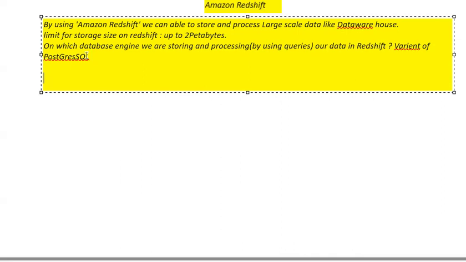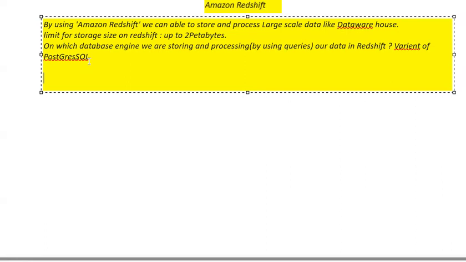Then you tick only the variant of PostgreSQL, because they may confuse you by providing an SQL option, a PostgreSQL option, and a variant of PostgreSQL option. Choose only the variant of PostgreSQL option. So here we process queries on Redshift data by using a variant of PostgreSQL.